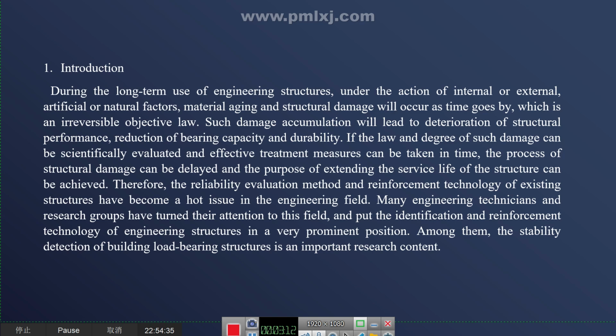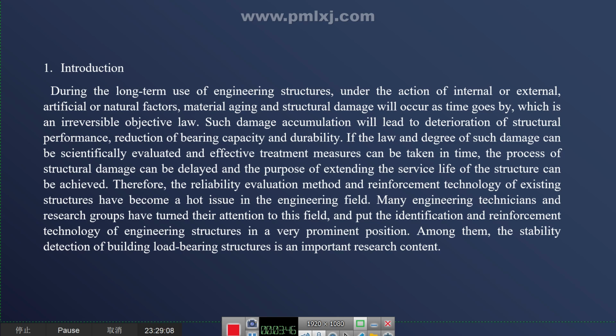Introduction. During long-term use of engineering structures, under the reaction of internal or external, artificial or natural factors, material aging and structural damage will occur as time goes by, which is an irreversible objective law.